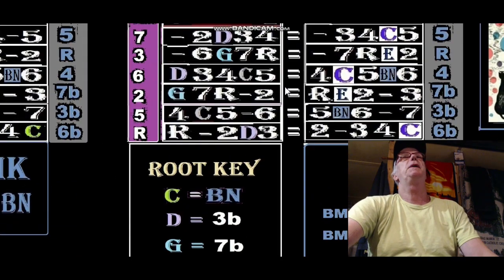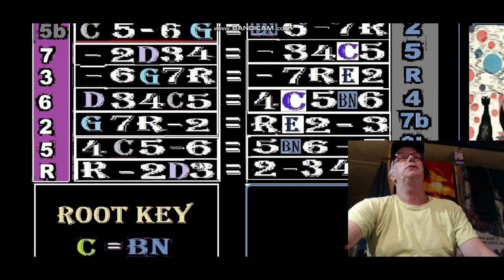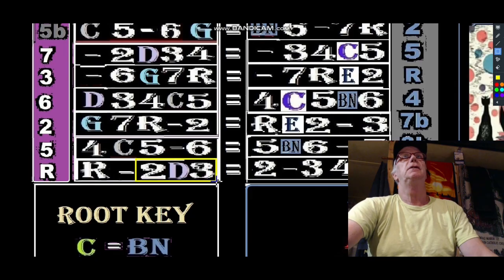So in the blues Pent key, just look at what I'm showing you here with a drawing tool. Blues Pent key, the blues note's going to be 2, 3. Why?